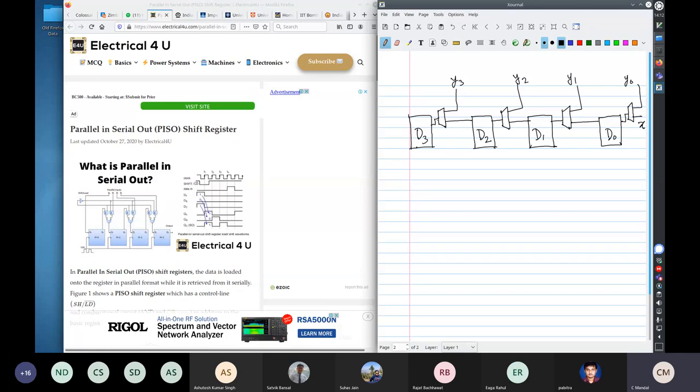And as usual, you have the clock. We are talking about a synchronous design.